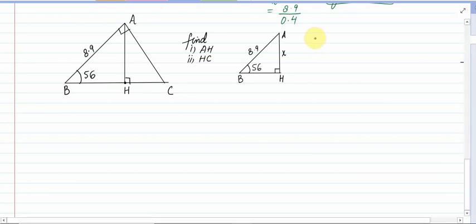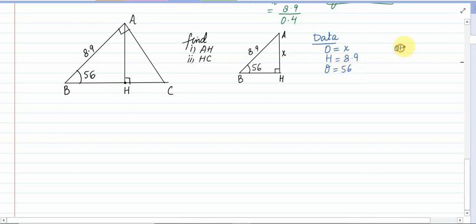Now the value of opposite is X and hypotenuse is 8.9, angle is 56.